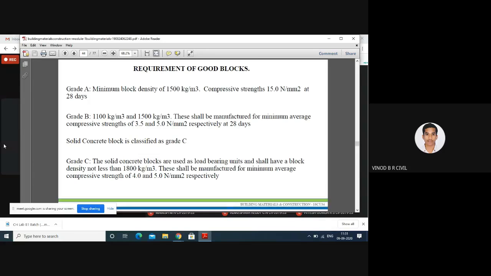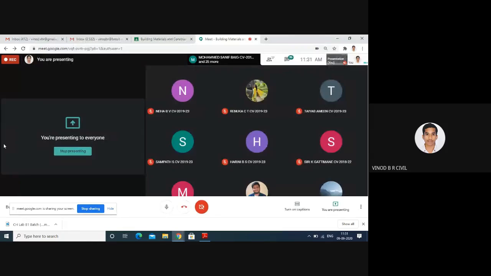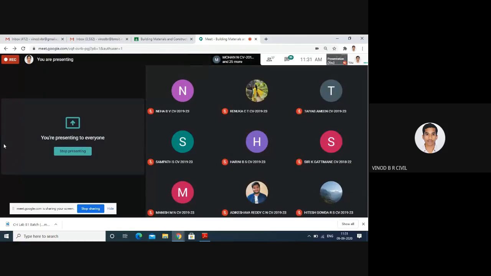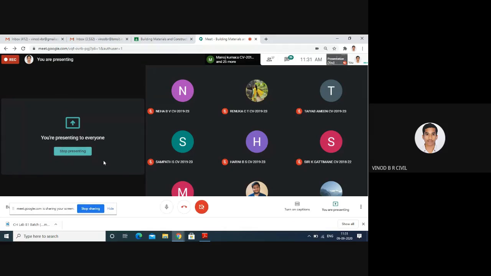Students, what is the difference between load bearing walls and non load bearing walls? Can you give an example?